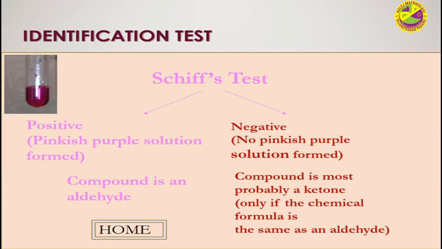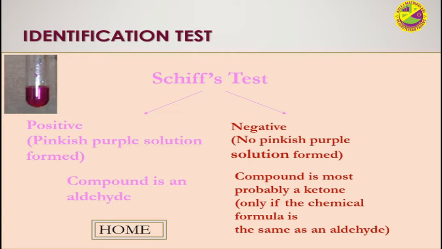The last one is Schiff test. If Schiff test is positive, pinkish purple solution is formed as shown in the picture. This means the compound is an aldehyde. A negative Schiff test means that there is no pinkish purple solution formed.